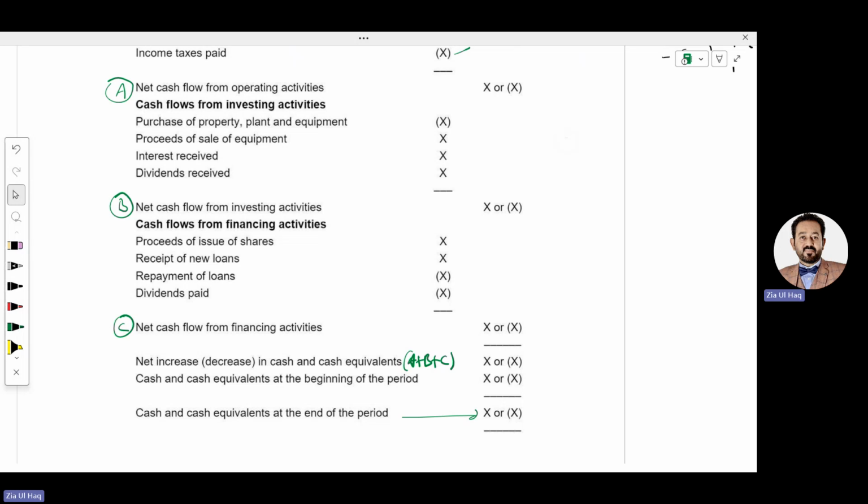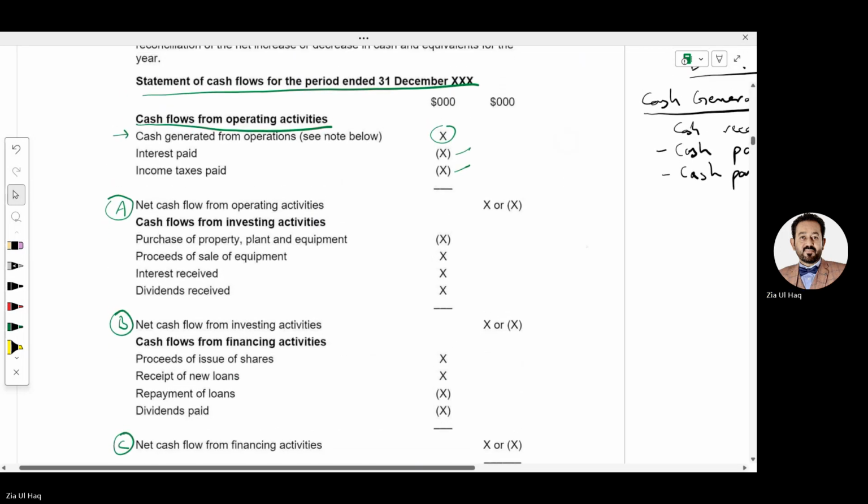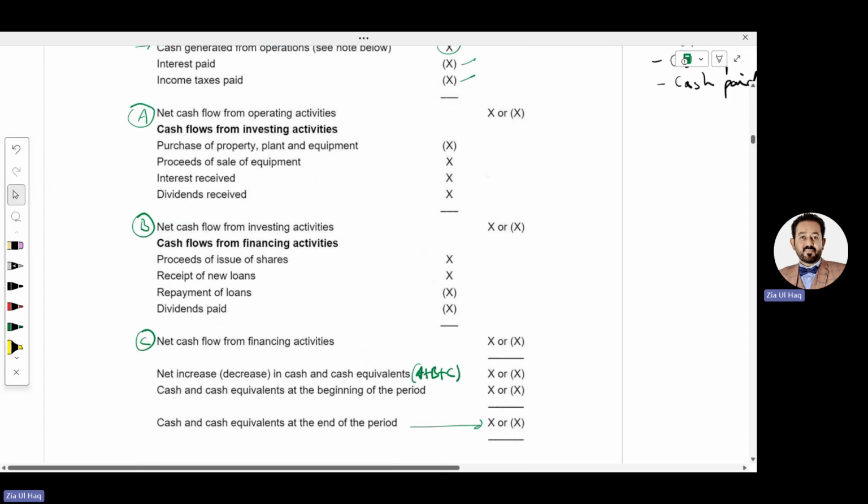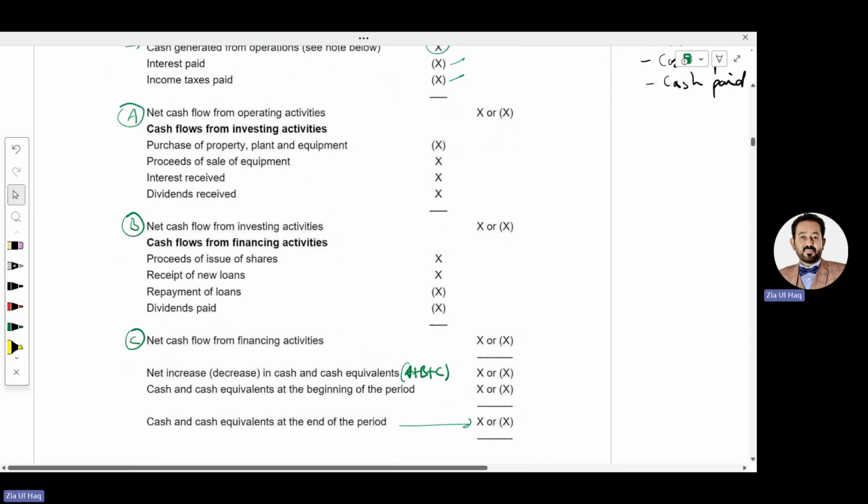So in the direct method, the only difference between direct and indirect method is in calculating cash flow from operating activities. Only this will be different. How to calculate cash flow from investing activities or financing activities will remain the same for both methods.